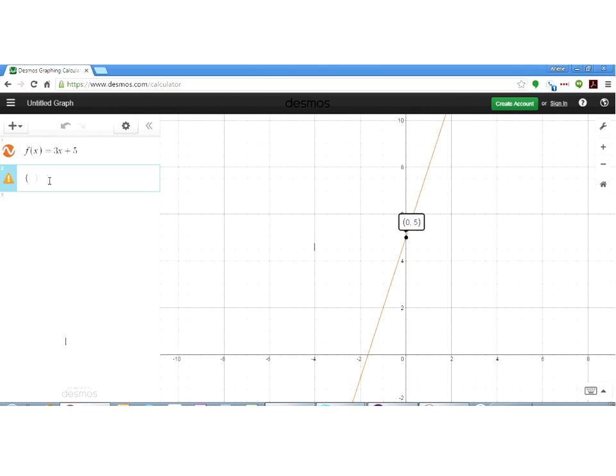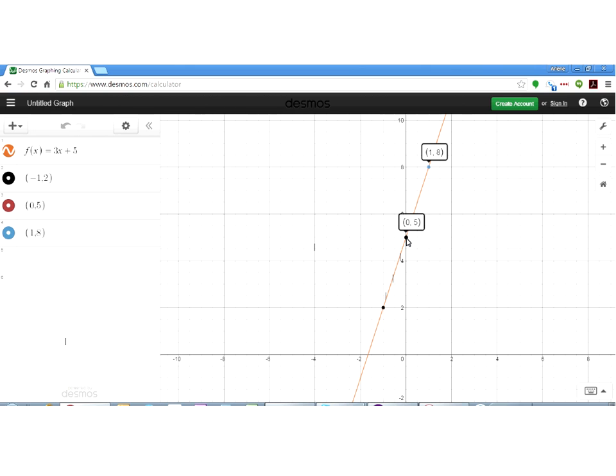The next thing I'm going to do is graph the individual coordinates, (-1, 2), (0, 5), and (1, 8).